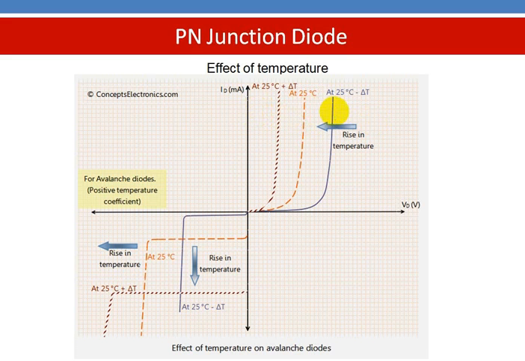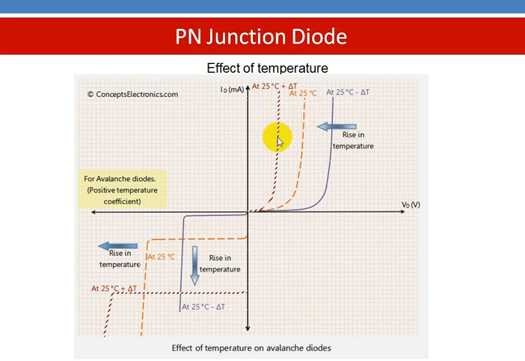This implies that the voltage drop across the diode is increased. As the current increases, the voltage drop also increases. So as compared to 25 degrees centigrade, for lower temperatures, the voltage drop is bound to be large for the same current.